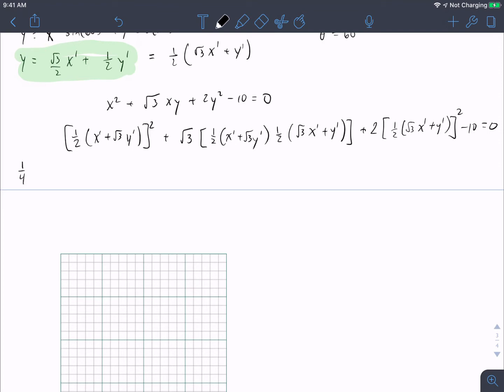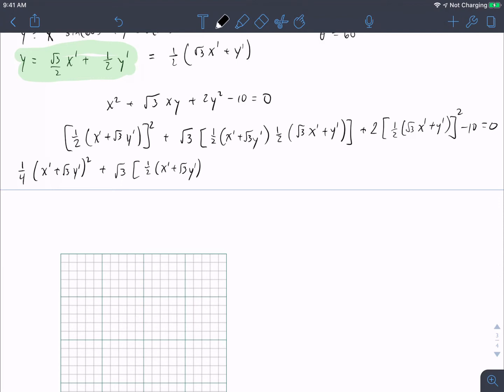So 1/4 (x' plus radical 3 y') squared, plus radical 3 of 1/2 x' plus radical 3 y'.